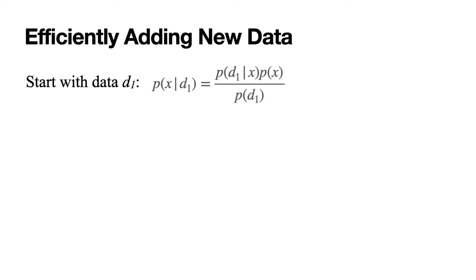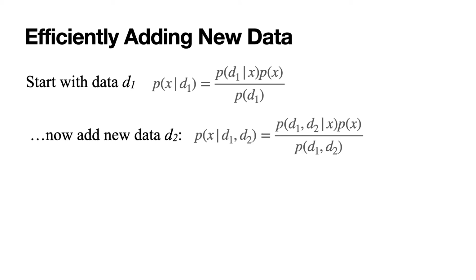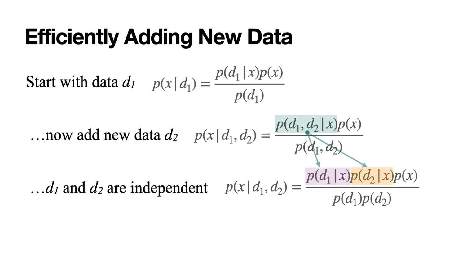So if we start with the first segment of data, say D1, the posterior is the same as we had written before. And now we add a new block of data, D2, and the joint posterior takes the form shown here. Because D1 and D2 are independent observations, joint probabilities are just the product of the individual terms, so it can be broken up into its pieces as shown here.